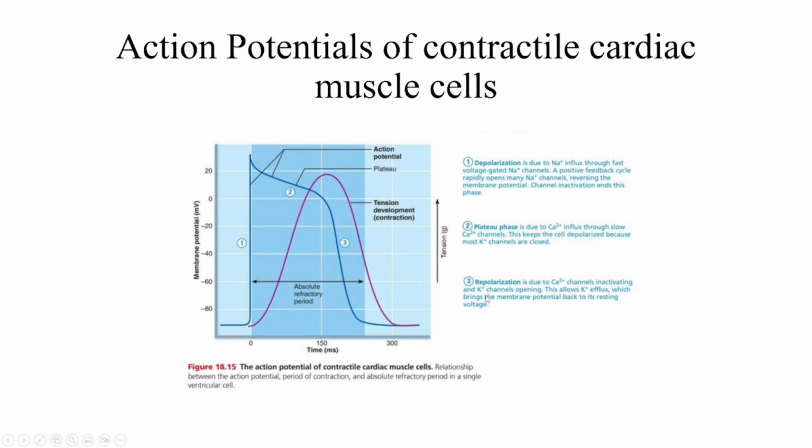Step 3 is where repolarization comes in, and this is due to the Ca2+ channels inactivating and the K+ channels opening again. This allows for a K+ efflux, which brings the membrane potential back to its resting voltage. So again, it returns it to normal. And here's number 3.